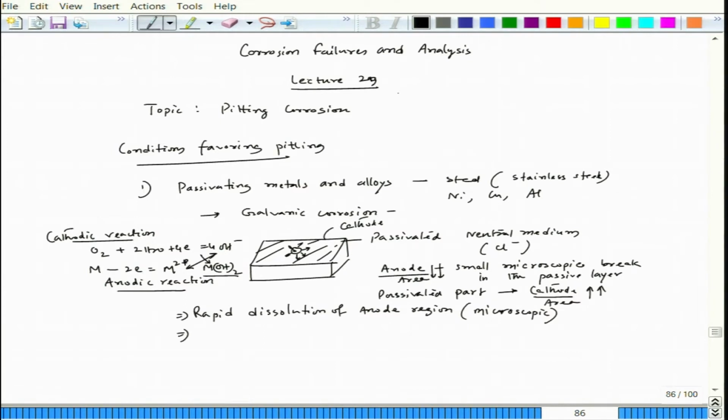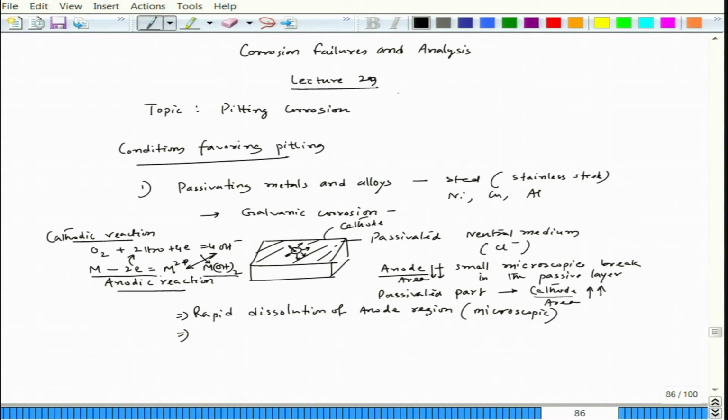And at the same time, the entire metal surface provides the area for cathodic reaction. So, to meet the electron requirement for the cathodic reaction, this reaction has to happen a quite large number of times, because these electrons will be provided to this particular reaction. And the rust is not able to spread out.